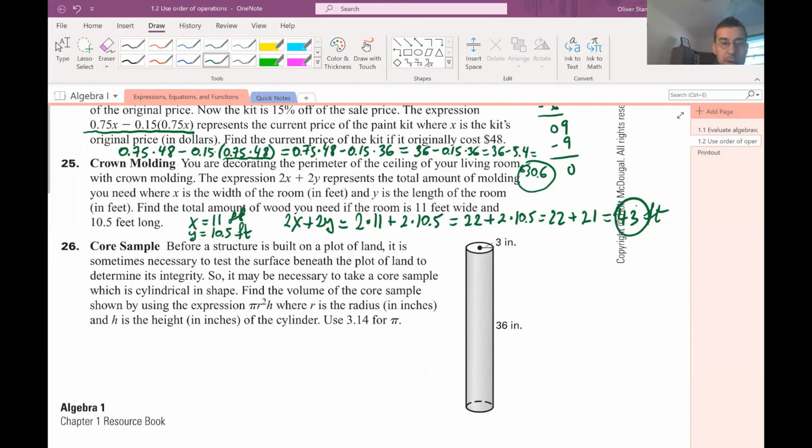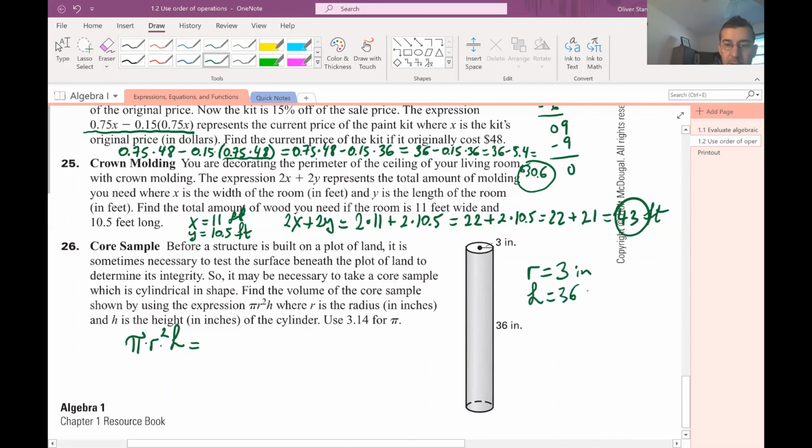So the expression is pi r squared h, and that's multiplication everywhere. Where r is the radius, and you can see it's 3 inches. H is the height, and that's 36 inches of the cylinder. Use 3.14 for pi.